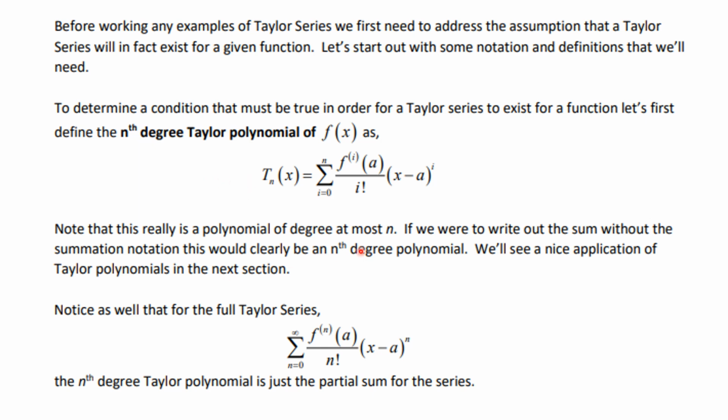But this is nothing more than a polynomial of degree at most n. And so these nth degree Taylor polynomials for f will converge down here, and this is just the partial sum for the series. So now we're starting to get on kind of familiar ground.